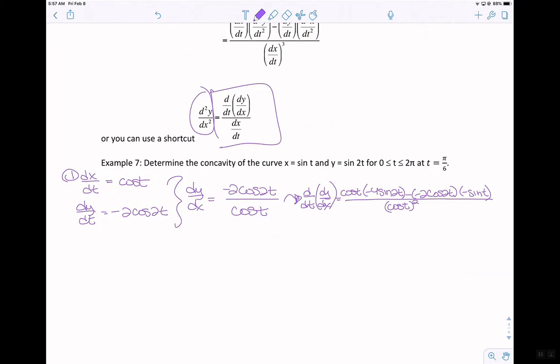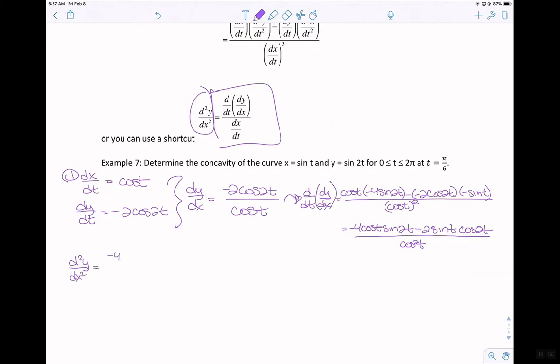And then I'll clean it up just slightly. So negative 4 cosine t sine of 2t minus 2 sine of t cosine of 2t, all divided by cosine squared of t. And then that is the numerator of my d squared y over dx squared.